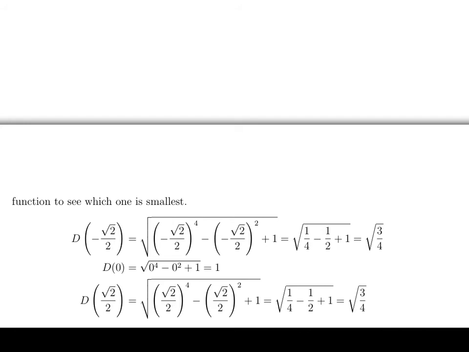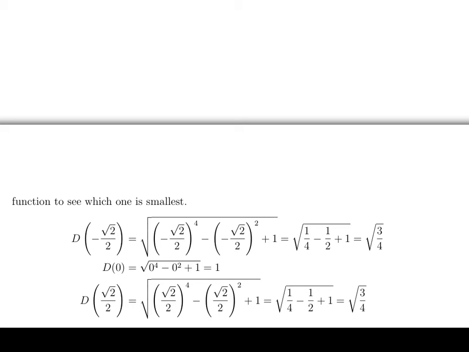All right, so we're plugging things back into the original function to see which one is smallest. Okay, so it looks worse than it is. Plug everything back in. Then for d of 0, we get 1. And for d of negative root 2 over 2 and d of root 2 over 2, we get the square root of 3/4. This is, again, one of these things where you should not just trust my calculation. Do the work. Make sure that you actually get these numbers.